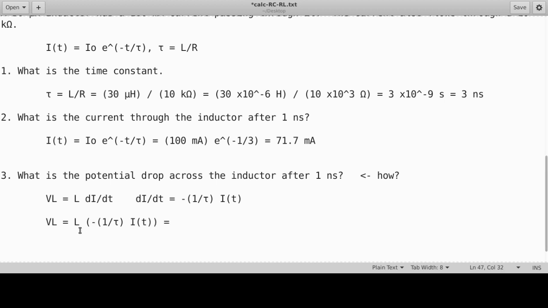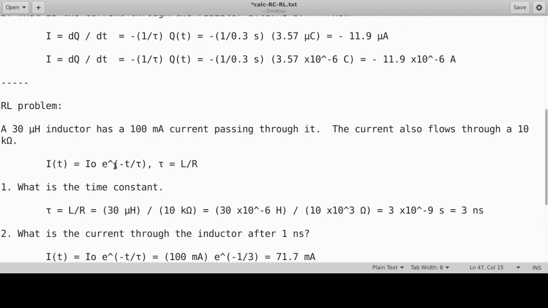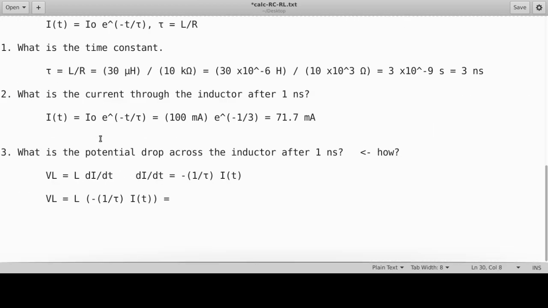And now we can just plug in the numbers. What's L? L is the inductance, okay? So that's the 30 microhenries, like that. Okay. And then over here, we have 1 over tau, all right? And that's 1. I'm gonna just drop the negative sign so it doesn't cause any confusion. So there's the 1. So there's the L, 30 microhenries.